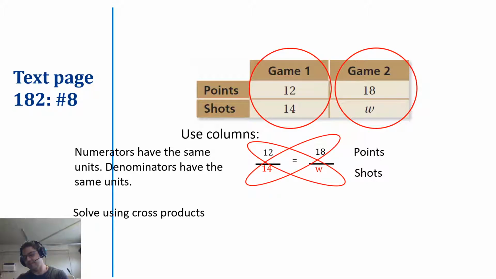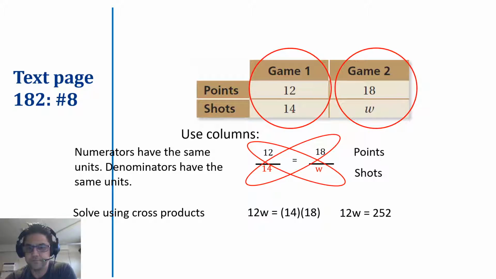So if you have to, just do 14 times 18 really quick on your calculator. I would probably put that directly underneath it instead of to the right, but maybe it's because we're running out of room. 12W equals 252.